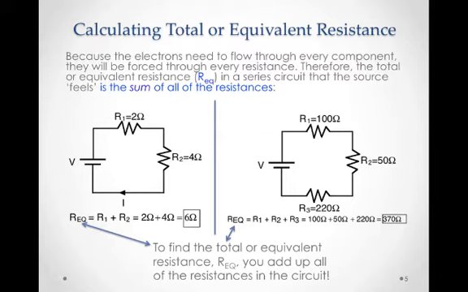Since the resistances are limiting the current, let's see how we can calculate the amount of resistance in a series circuit. Because there's only one path for the current to flow, all of the charge needs to move through each of the resistors here.